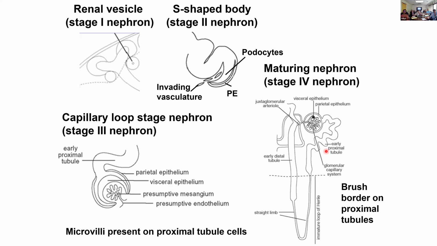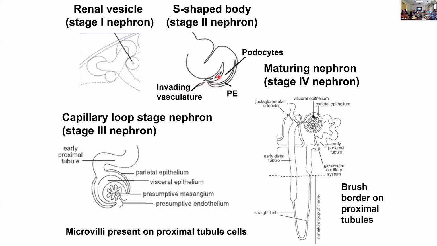After the S-shaped body is established here, the vasculature will invade. So angiogenesis and vasculogenesis will occur. Podocytes express VEGF, so that induces the vascular invasion here.